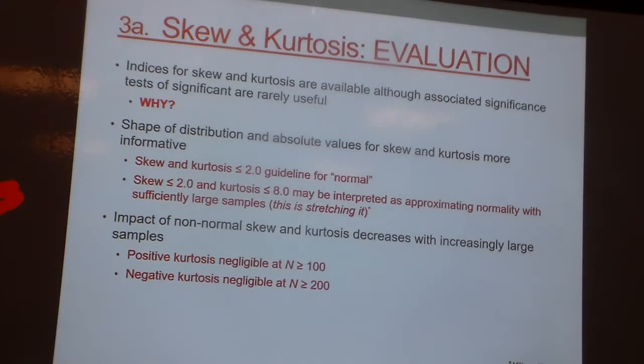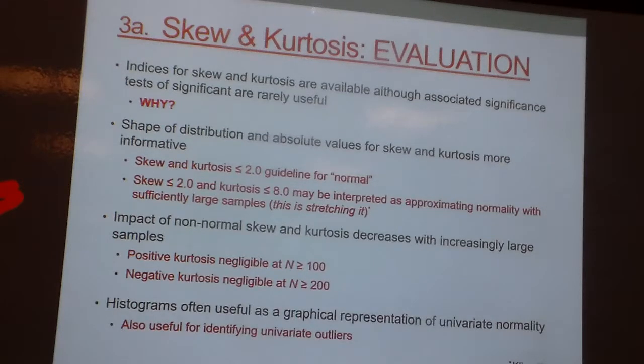So even if I've got a distribution that's very square, with a kurtosis value of -6, that's certainly something I want to flag in terms of my screening. But if I've got 250 people in there, I'm going to say, yeah, it's not great, but I'm probably not thinking it's going to have a huge impact on my inferences. And so, as with most of our screening, it's not great, but luckily I don't think it's going to screw up my inferences a whole lot.